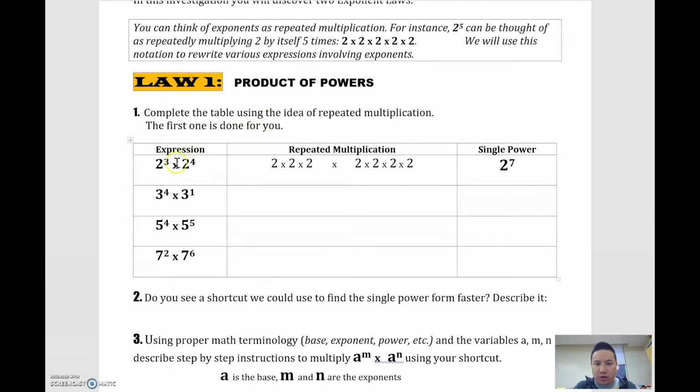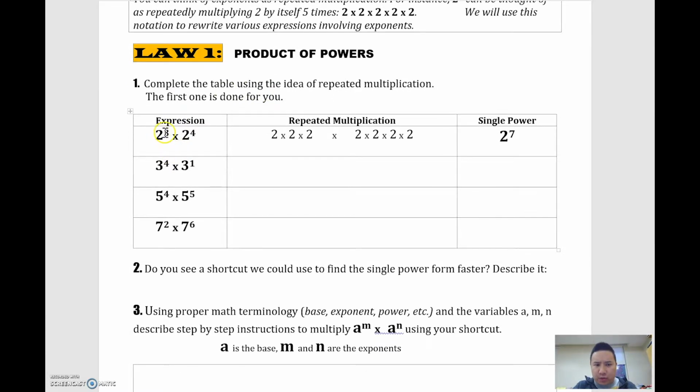So let's take a look at this first power. It's 2 to the power 3 times 2 to the power 4. When they ask you to write out as repeated multiplication, we take this 2 to the power 3 and turn it into 2 times 2 times 2. And then it's going to be multiplied by 2 to the power of 4, so that's 2 times 2 times 2 times 2.